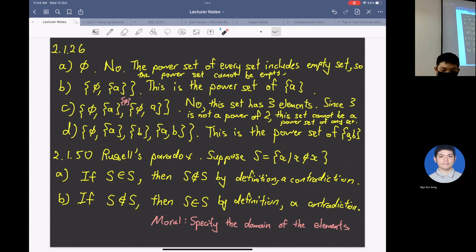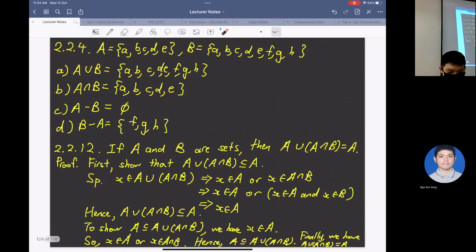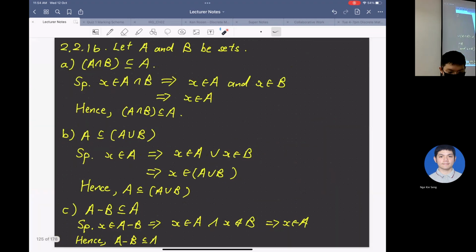Is there a domain that makes it work? Maybe. I don't know. Or the predicate is, I don't know. Yeah, not defined.